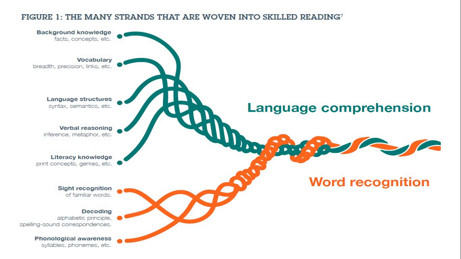I showed you this Edinburgh reading rope in the CPD, which seems a long time ago now. I think it's useful to come back to this to remind ourselves about how complex reading is. In orange, we've got the word recognition subheadings.